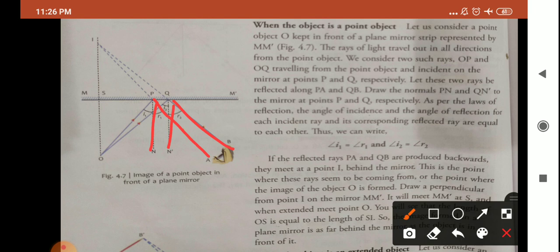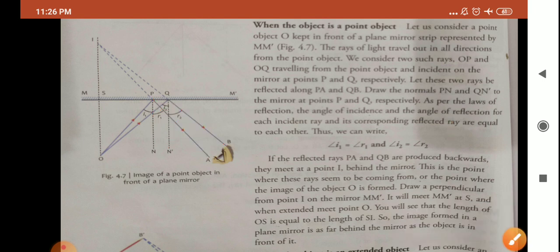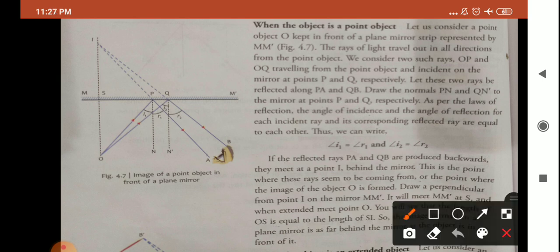Thus, we can write that angle I1 will be equal to angle R1 and angle I2 will be equal to angle R2. I told you, after reflection, they are going to follow which law? Laws of reflection. Now, PA and QB are the reflected rays, children.